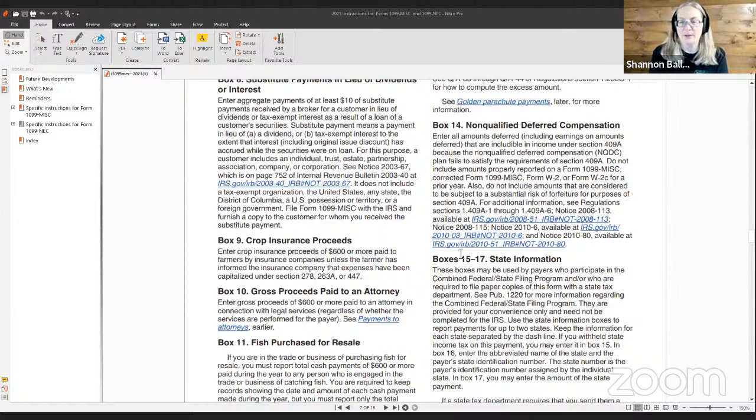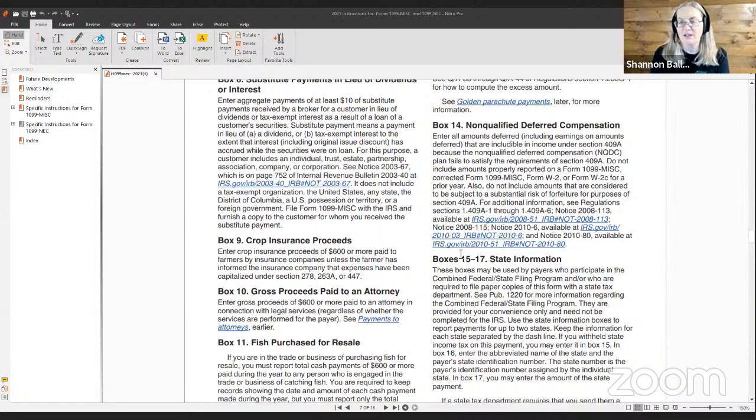Do not include amounts properly reported on a Form 1099-MISC, corrected Form 1099-MISC, Form W-2 or Form W-2c for a prior year. Also, do not include amounts that are considered to be subject to a substantial risk of forfeiture for purposes of Section 409A.